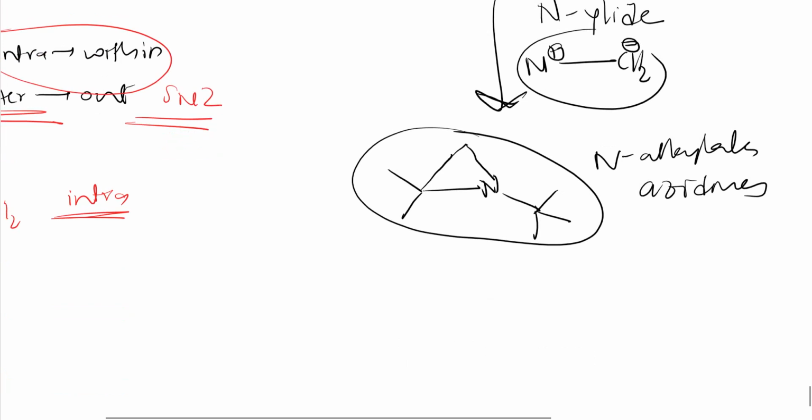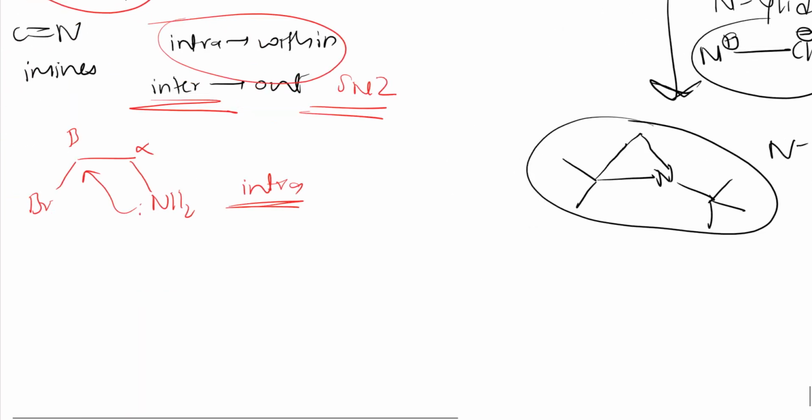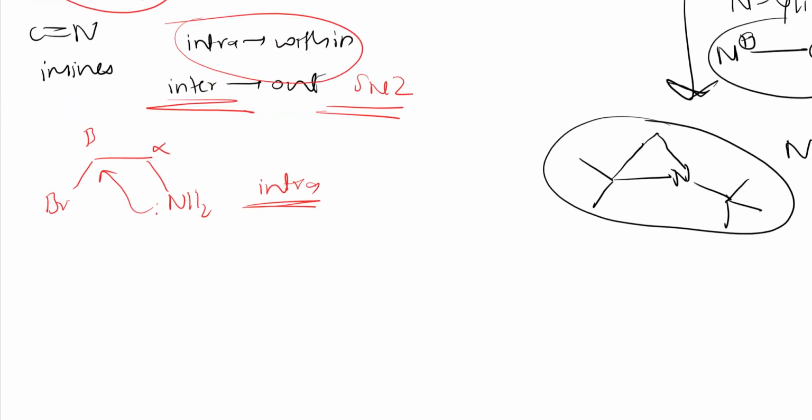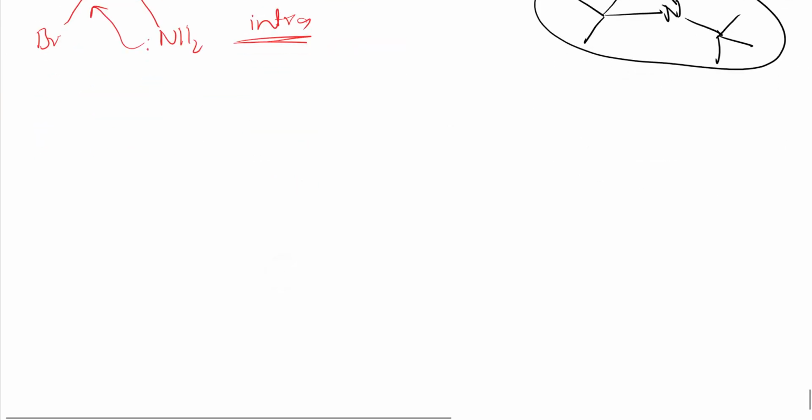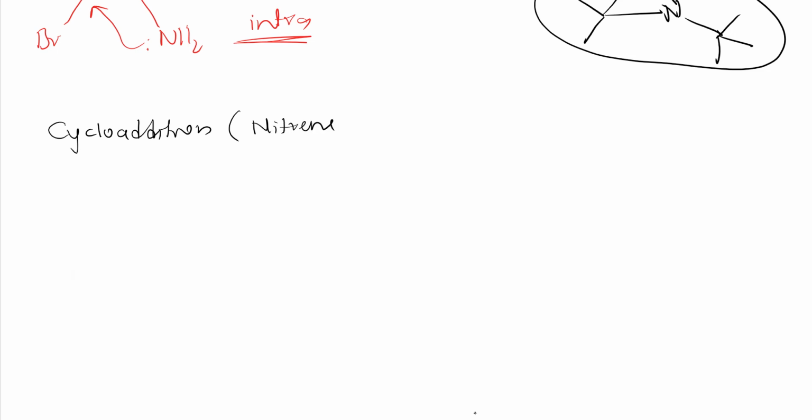Next method, how we synthesize, that is through cycloaddition. We synthesize this aziridine by a cycloaddition reaction, or simply we can call it the nitrene insertion method.